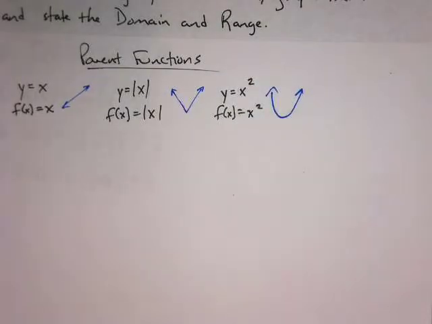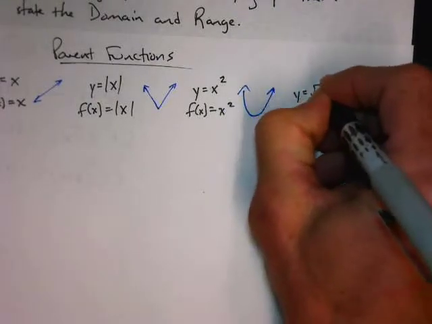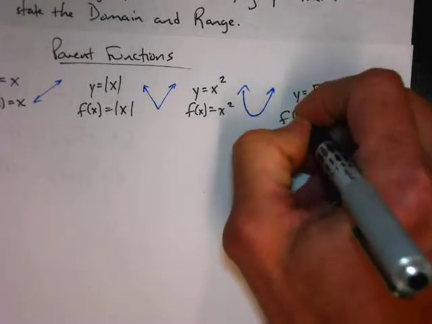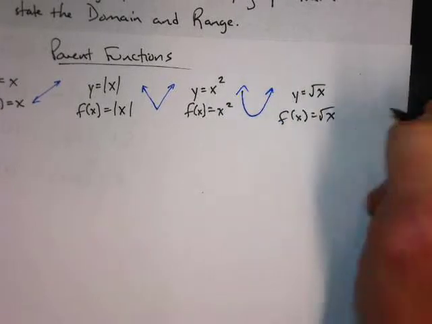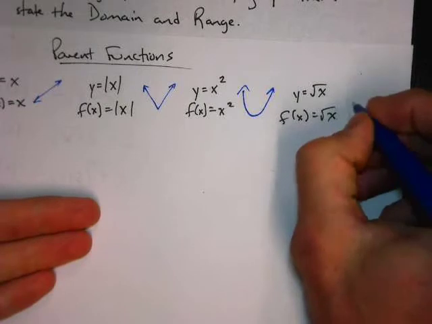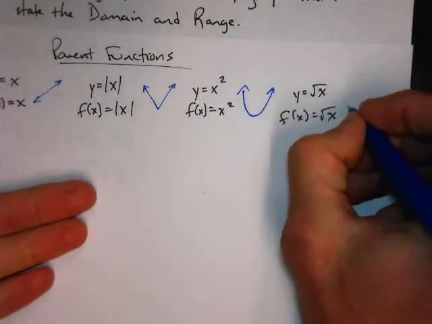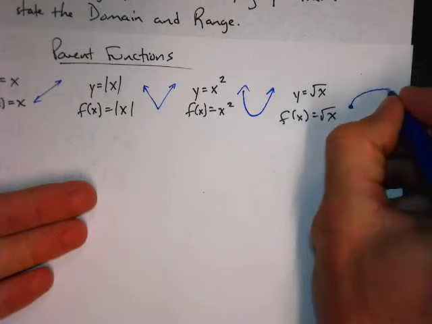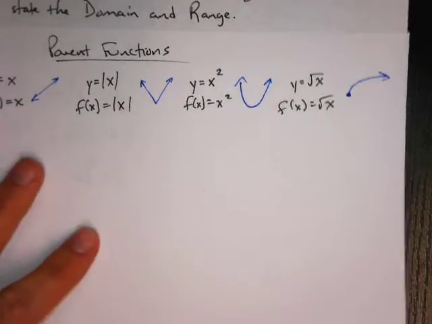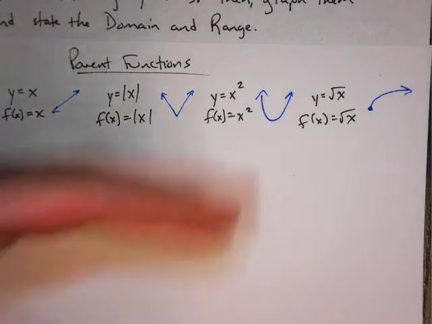And then lastly, for our purposes for now, we had y equals the square root of x, or again, f of x equals the square root of x. And the shape of that graph looked like basically a parabola knocked over on its side, but then only the top half. Because if you remember, we talked about parent functions, or domain restrictions, and this being a function.